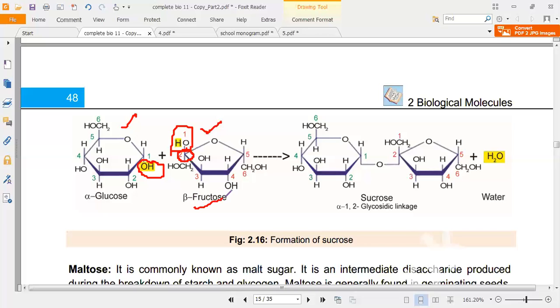Fructose is a circular ring which has 6 carbons, but 5 are in the ring. The sixth one is outside, and it forms a 5-cornered ring, while glucose is a 6-cornered ring.